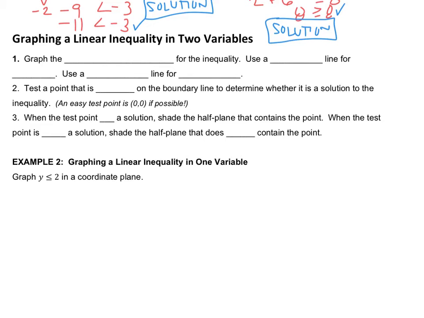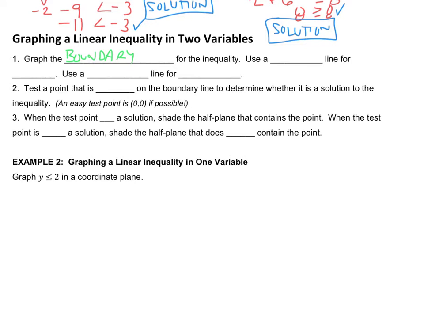Now we want to talk about how to graph a linear inequality with two variables. First, we're going to graph the boundary. Basically we're going to figure out what this looks like if it was an equation, and that'll be the boundary. We'll show you some examples as we go.